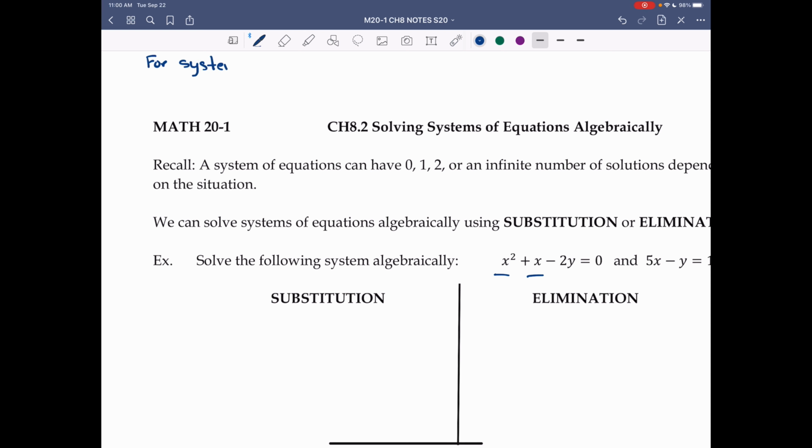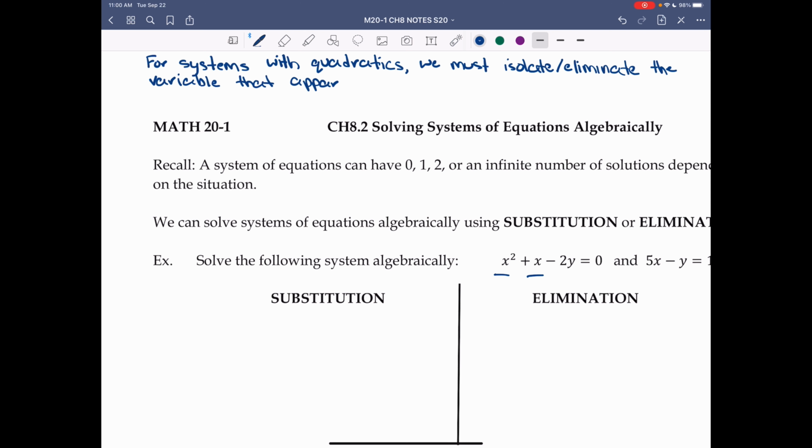For systems with quadratics, we must isolate/eliminate the variable that appears only once in each equation.